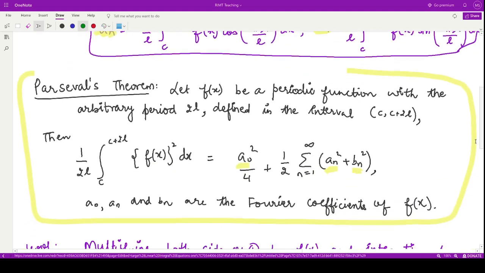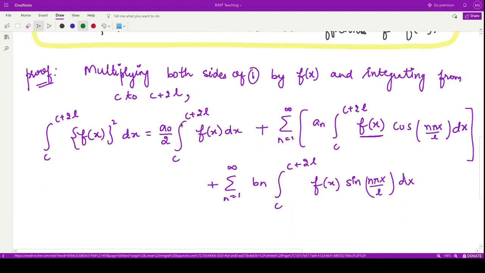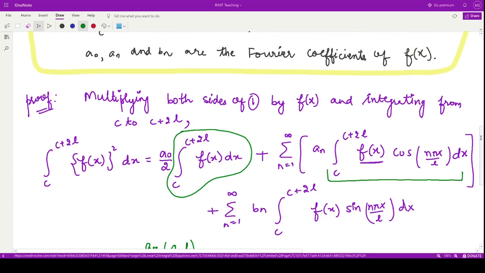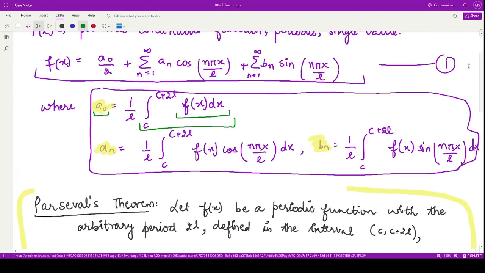So let me see here. So you have this thing. So instead of this, what you can do is write a naught into l here, right? And in a similar manner, if you look at this term, let's go back and look at our coefficients. From here you can see that for the term containing cos, you can write this whole term as equal to an multiplied by l.